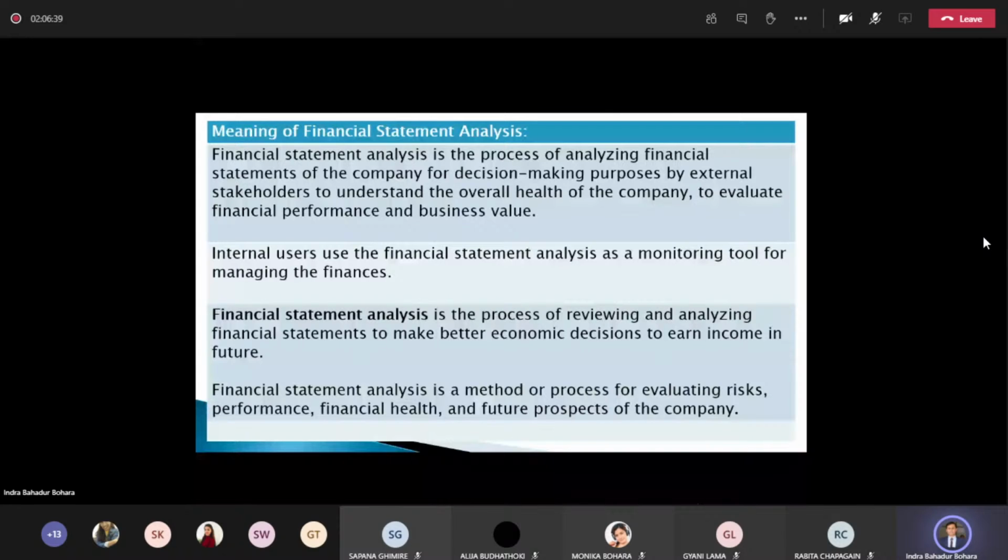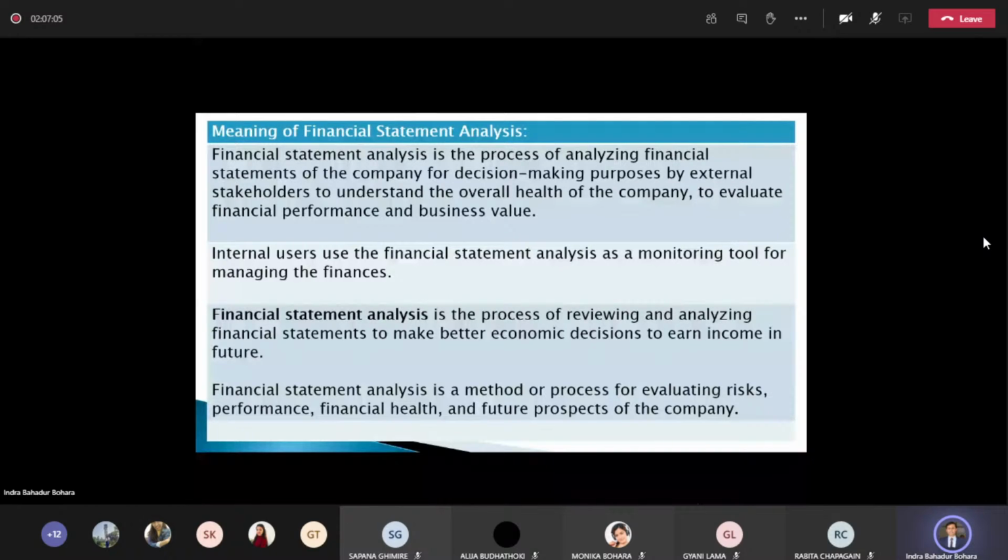It is very essential to the decision maker and investor to know the real profitability position, real financial position, and real liquidity position of the company, to evaluate the risk and return, to judge the financial health, stability and growth, and future prospect of the company.